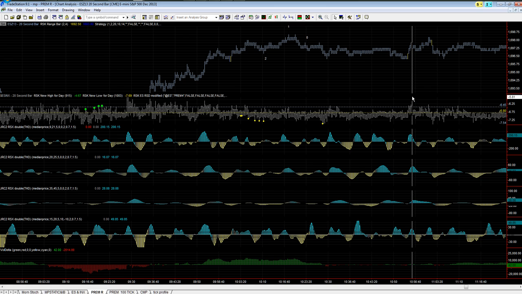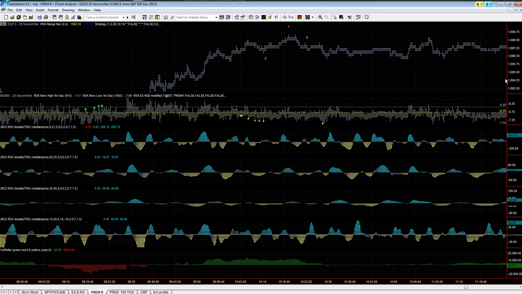But as this thing moves up, we're above the threshold, so it should go a little bit higher. It does on that bar, but on the very next bar that tags that same high, once again, we're below the threshold level, and down she comes. Now, as it does, it leaves another range bar in here, so we can expect some kind of a retracement, which does in fact occur right over here.